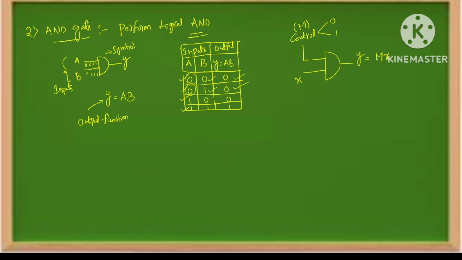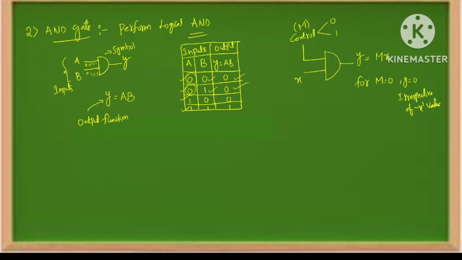Now when m is 0, whatever input we apply is not transferred here, and the output remains 0. So for m equal to 0, y is equal to 0 irrespective of the x value.